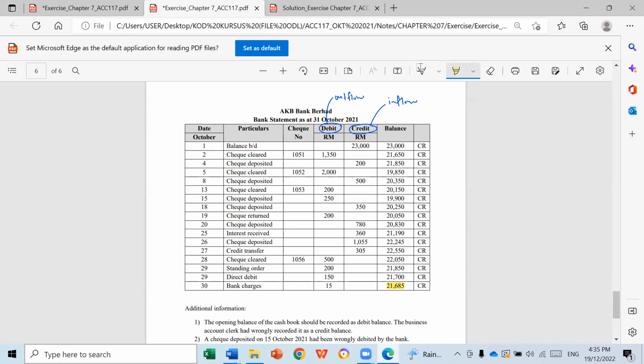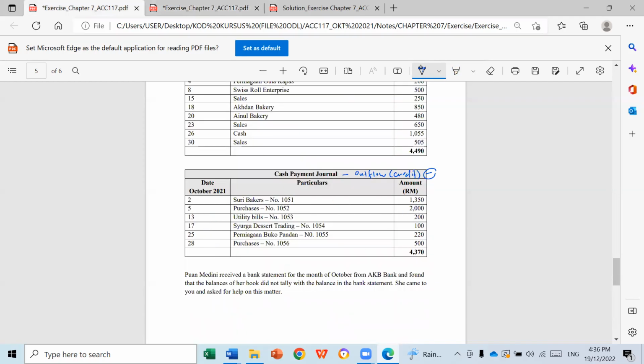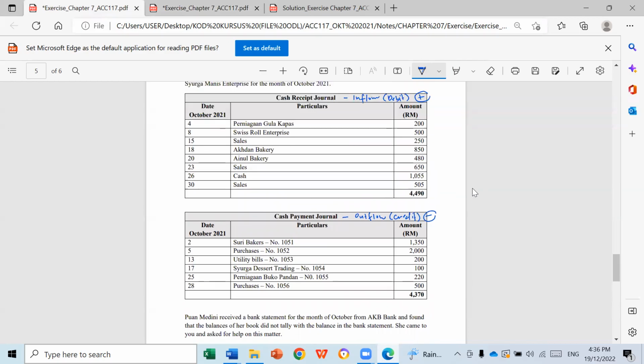So first, we have to find out how much is the balance in the cash book. Because this time we do not have the cash book as usual, we have to work out by ourselves the closing balance at the end of the month of October.